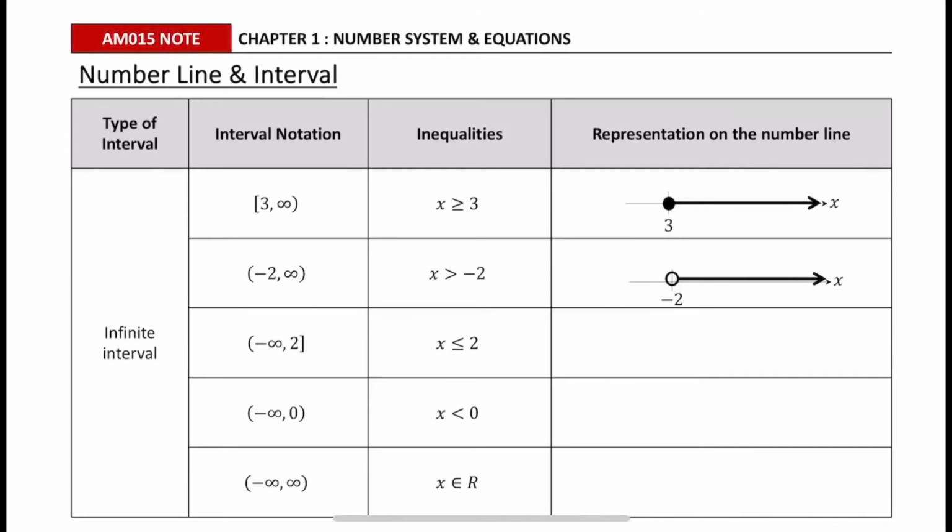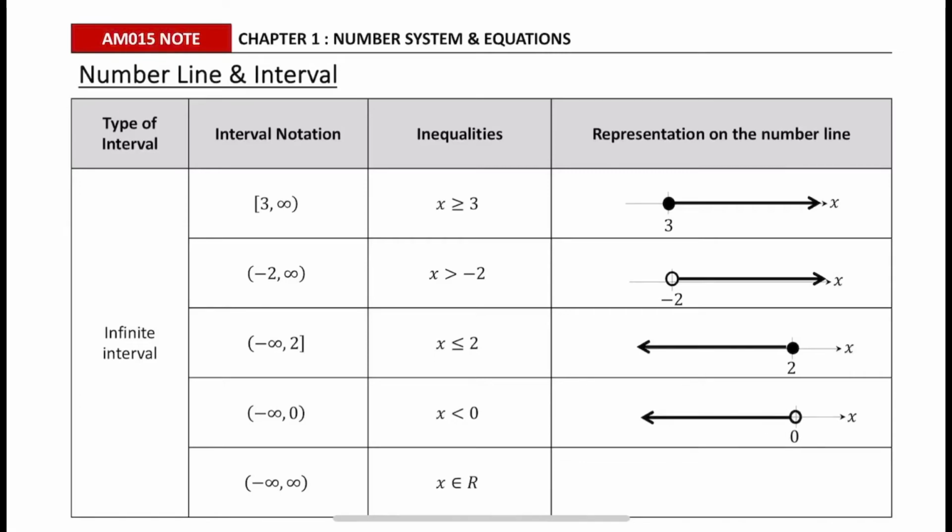For interval -∞ to 2, where 2 is included, the inequality is x less than or equal to 2. So the line representation has a dense circle at 2 and joined with an arrow line going to the left. The next interval is -∞ to 0, but 0 is excluded.